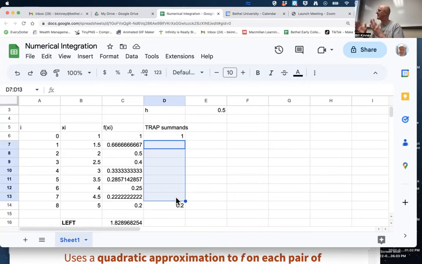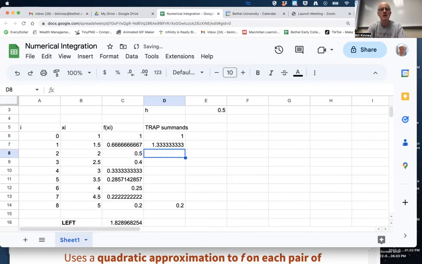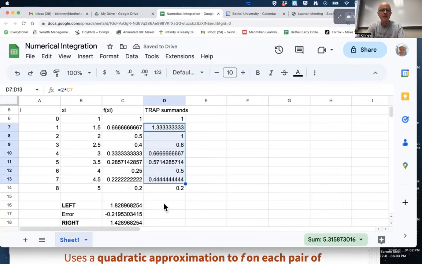It's one way to do this. Maybe I'd also want separate columns where I have coefficients of 2 just for the ones that I need. So here I'd do equals 2 times this value. Copy and paste that down for these middle nodes like this. And maybe I should have added a column in here or put this over to the right one.